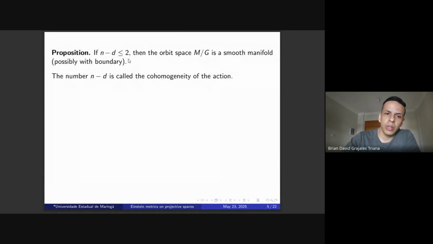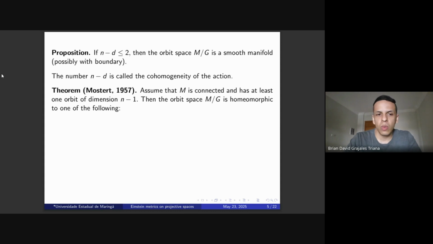As a consequence, this number n minus d is called the cohomogeneity of the action. So in the case that the cohomogeneity is 0 or 1, the orbit space can be equipped with a differentiable structure. So it's a manifold, possibly with boundary. And this is good because when this is the case, we have geometric tools to work with.